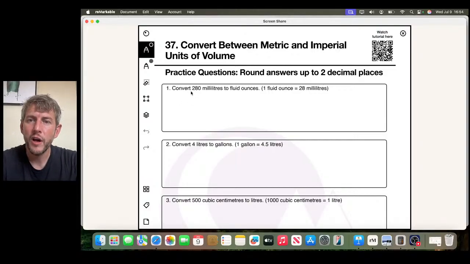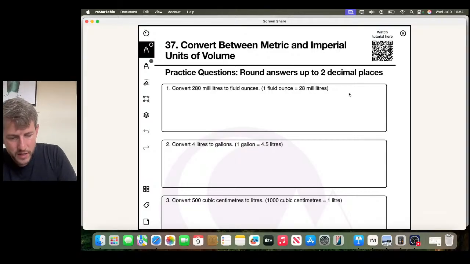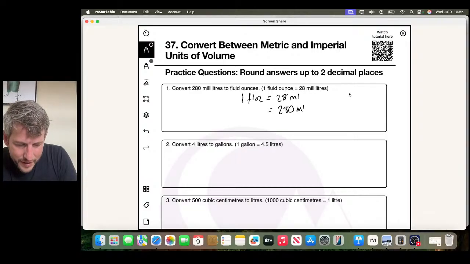Convert 280 millilitres to fluid ounces. 1 fluid ounce is 28 millilitres. So FLOZ, that's what they look like here, is 28 ml, and we've got 280. That's nice. We can see that is times 10, because 28 times 10 makes 280.